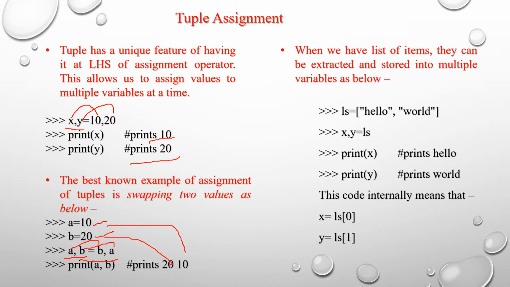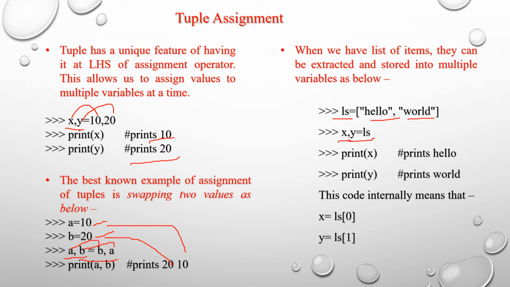When we have a list of items, they can be extracted and stored into multiple variables. For example, let's consider one list, and the list variable I name it as ls is equal to hello as my first string and next one is world. Here I am specifying x comma y is equal to ls. ls is the list variable and this is the tuple on the LHS.